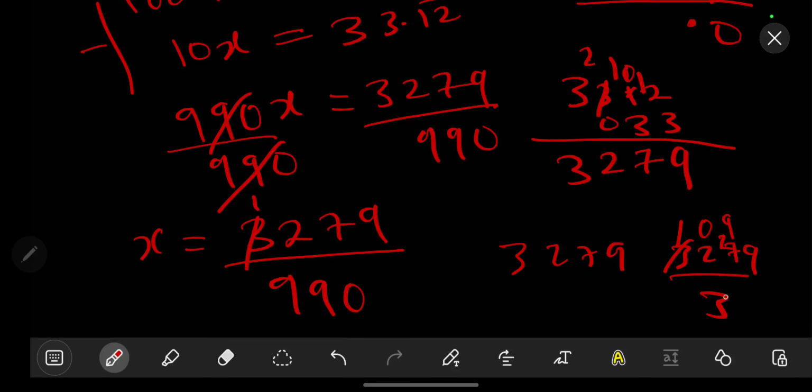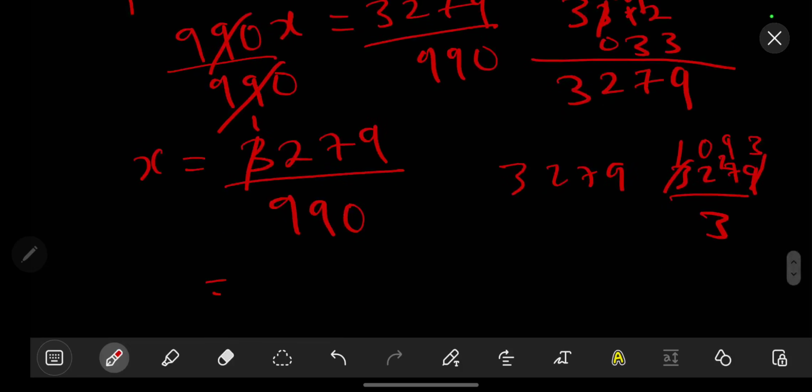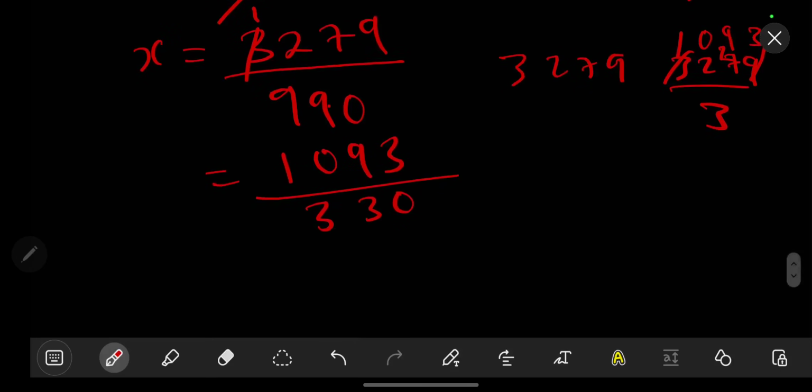Then 9 divided by 3 is 3. So the value we get is 1093. For 990, 9 divided by 3 is 3, and 9 divided by 3 is 3, so we have 330. So we have this value.